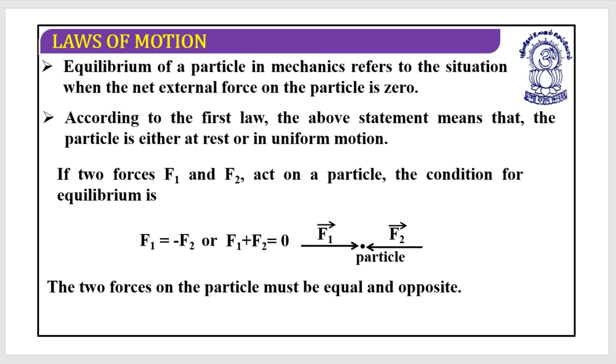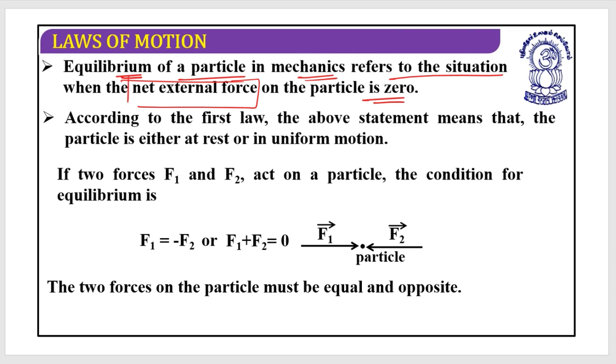We say that equilibrium of a particle in mechanics refers to the situation when the net external force on the particle is zero. So if the net external force acting on the system or on a particle is zero, then the particle is said to be in equilibrium.